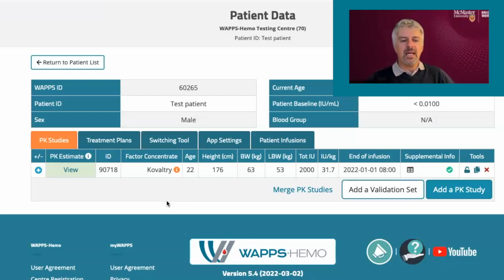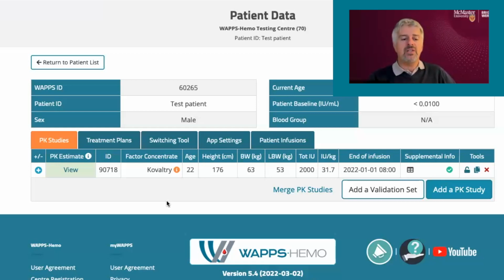We know some of the determinants, say, von Willebrand factor, or age, weight, blood group, if we don't have von Willebrand factor. All of these are somehow affecting the shape of the curve.